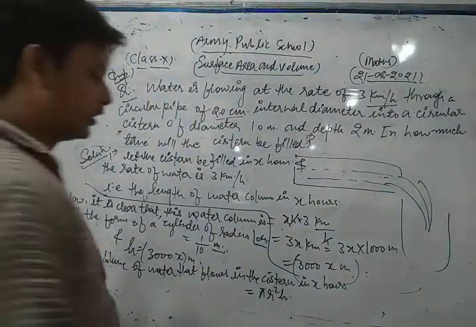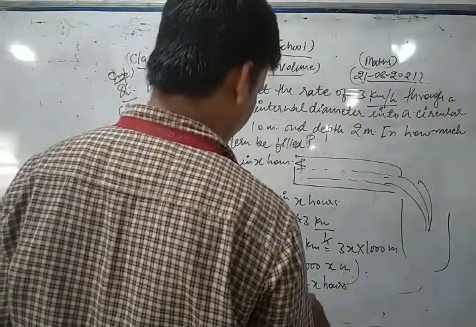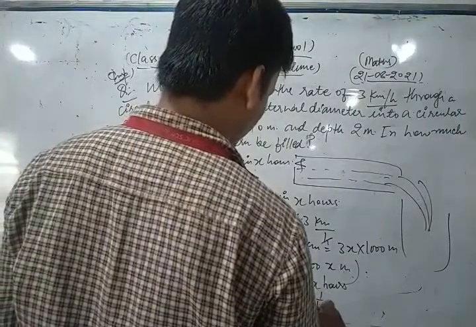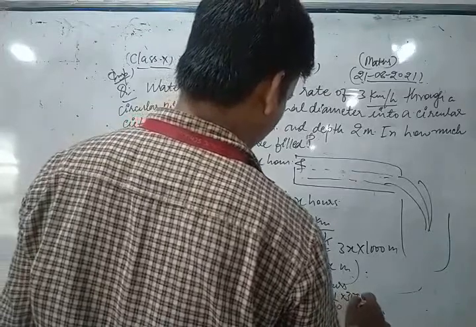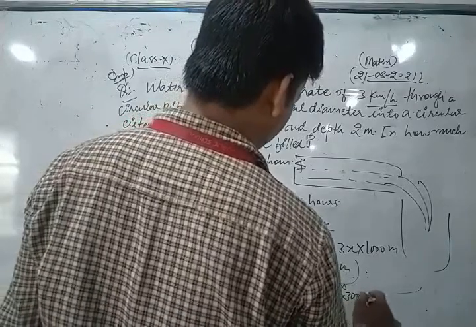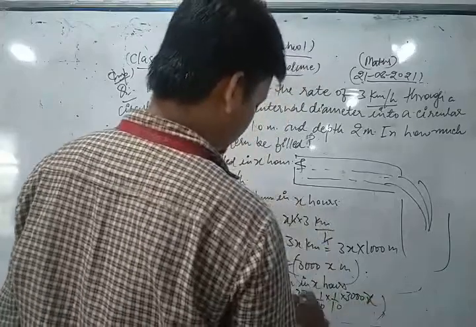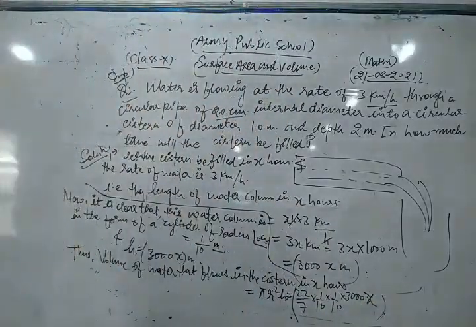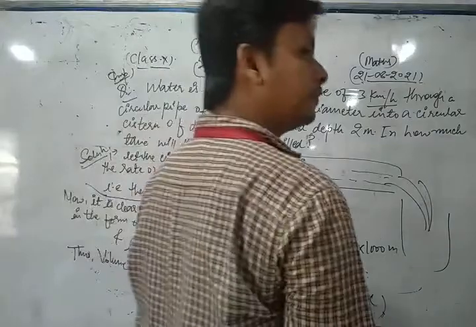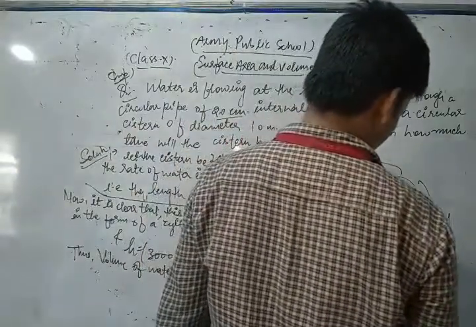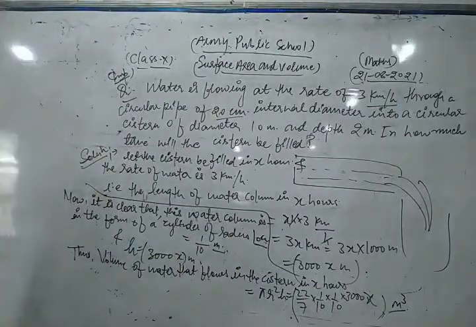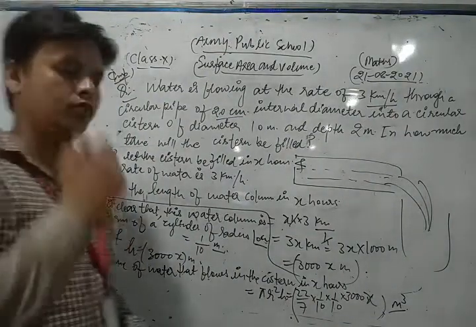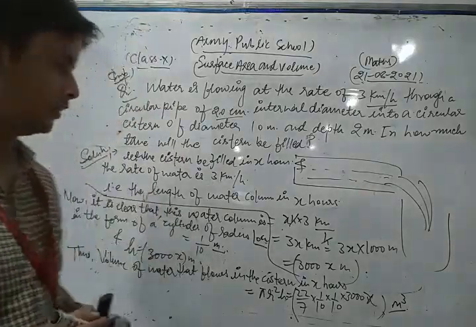So pi is 22 upon 7, r square is 1 upon 10 into 1 upon 10, and height is 3000 into x meter. Okay, dear friends, now look.